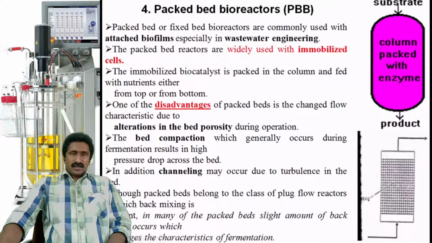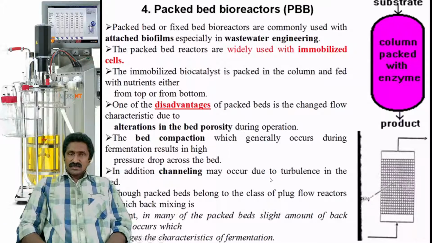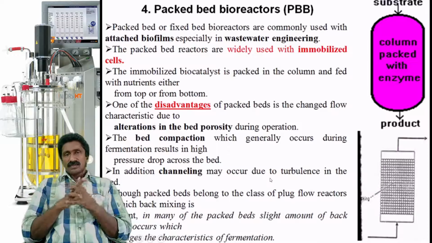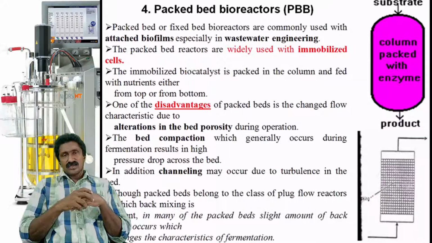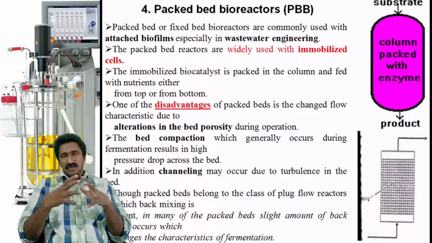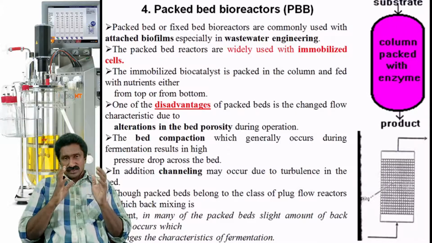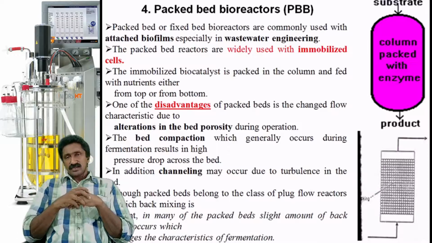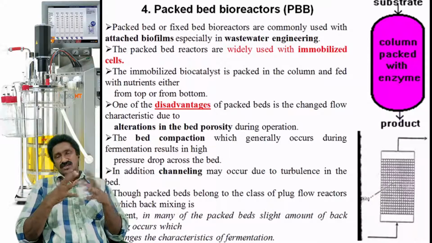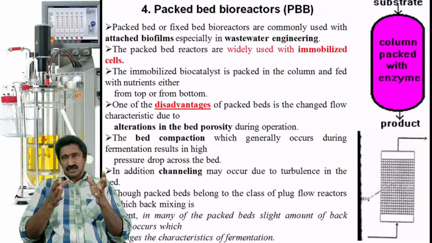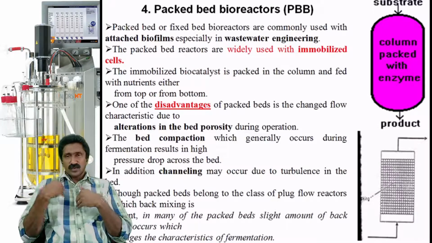In addition, channeling may occur due to turbulence in the bed. Packed beds belong to a class of plug flow bioreactors in which back mixing is absent. However, in many packed beds, a slight amount of back mixing occurs, which changes the characteristics of fermentation. Usually there is no back mixing; it flows in one direction.